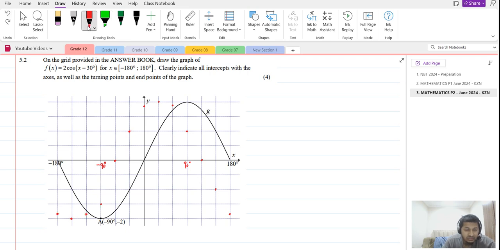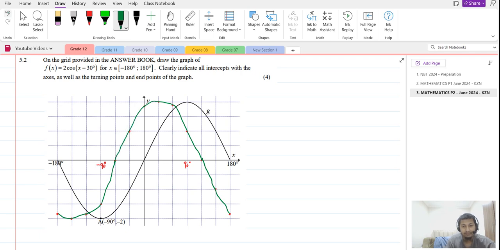Okay, let's sketch it in the green. But obviously you're going to sketch it much better.